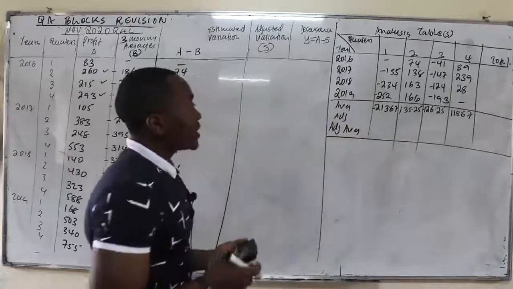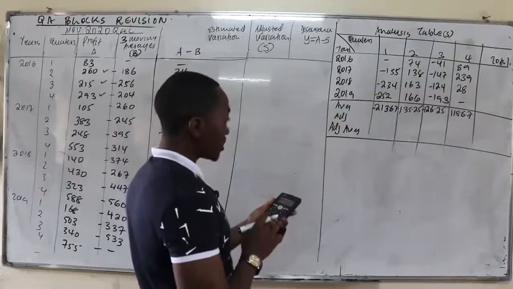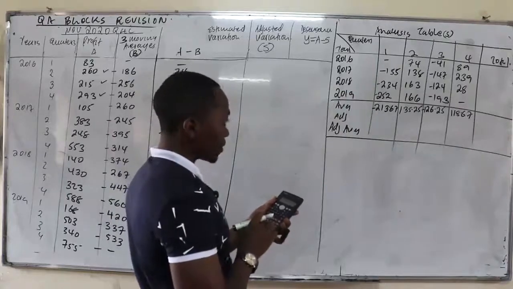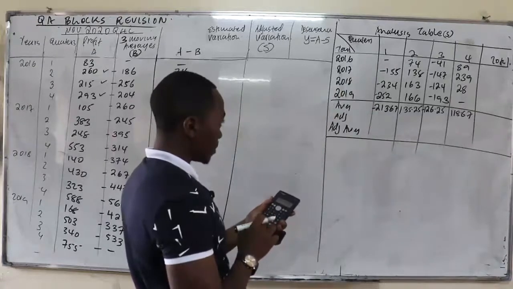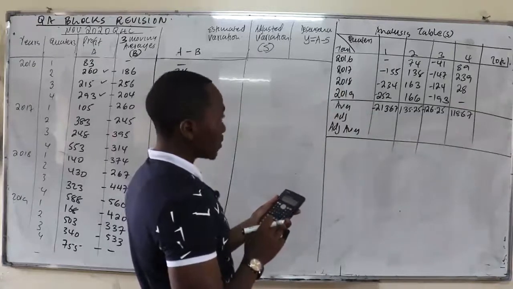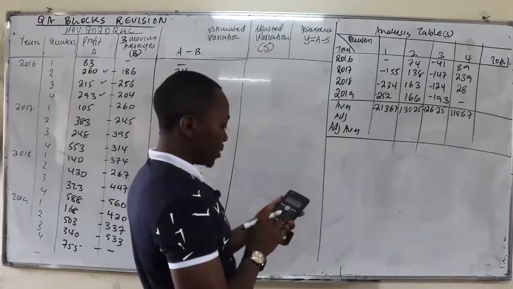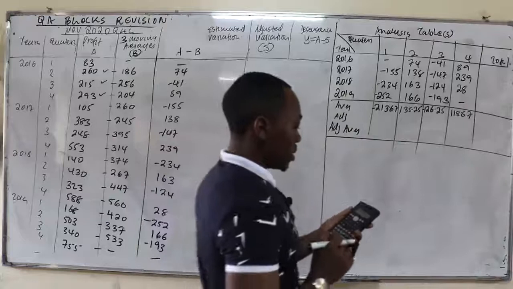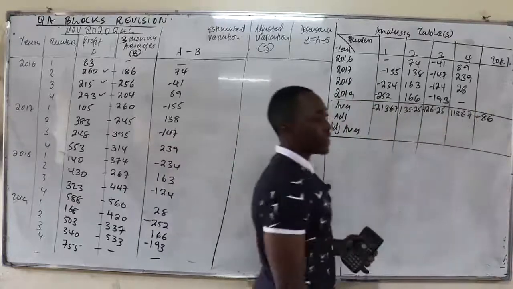So with that, let's add the total. We add the total averages. And you're getting negative 86. That's the total.